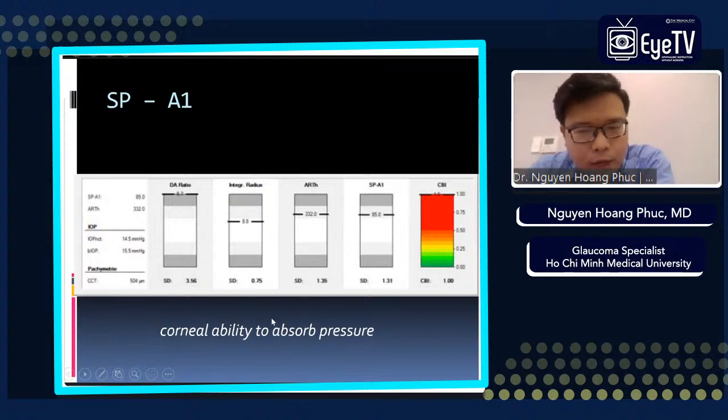If we know the ability of the cornea to absorb pressure, we also know the ability of the sclera, of the lamellar fibrous cells, to absorb the pressure. And it's very interesting for research about glaucoma and normal tension glaucoma.